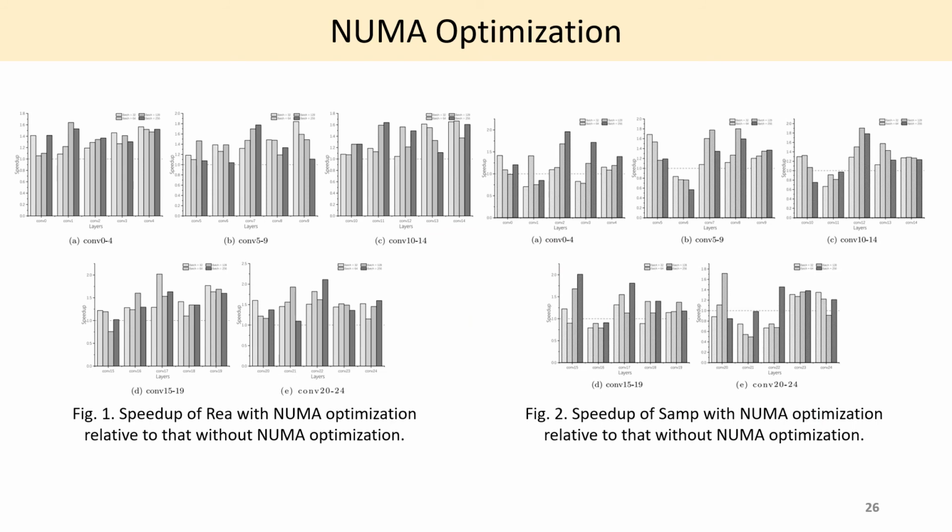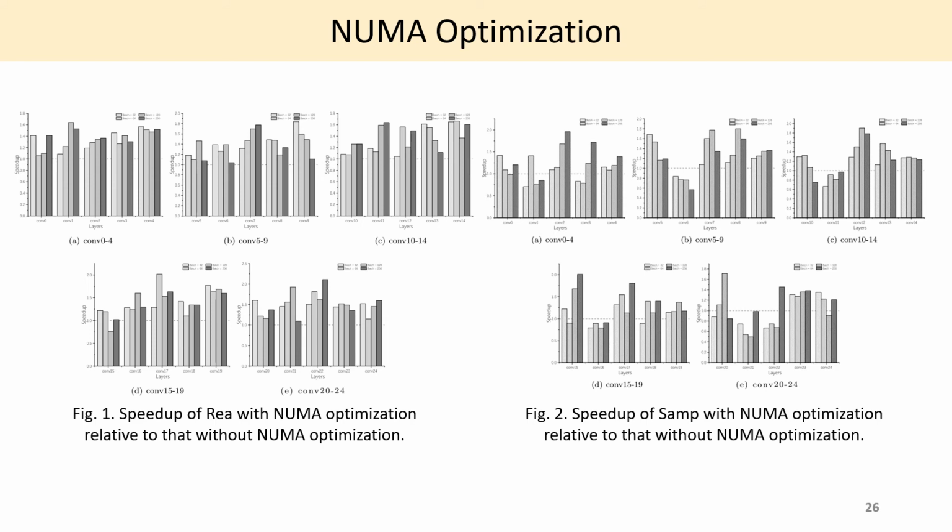Then we conducted the test to compare the performance of using and not using NUMA optimization. For convolutional layers, we choose the parameters commonly used in convolutional layers. The specific parameter configuration can be found in our paper.